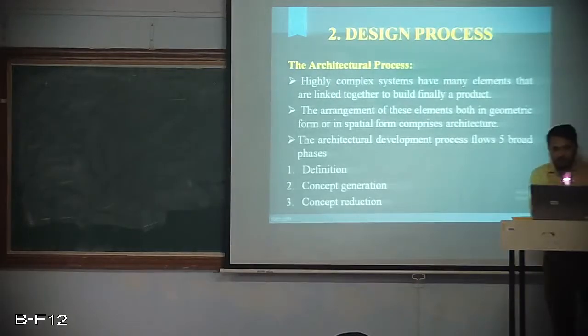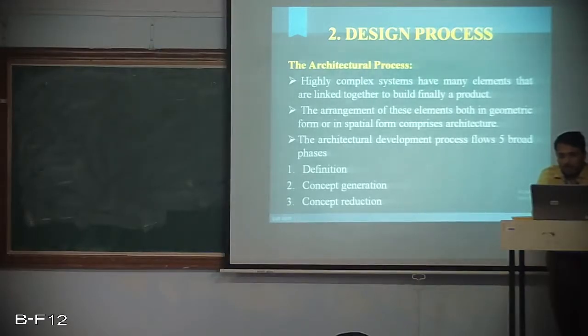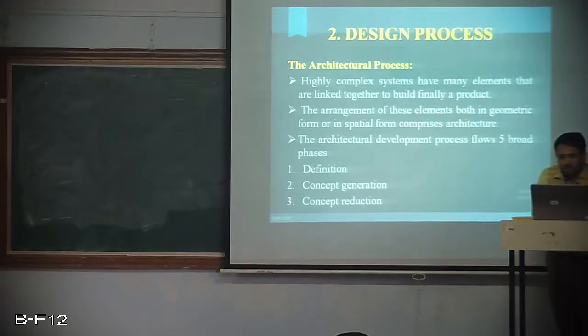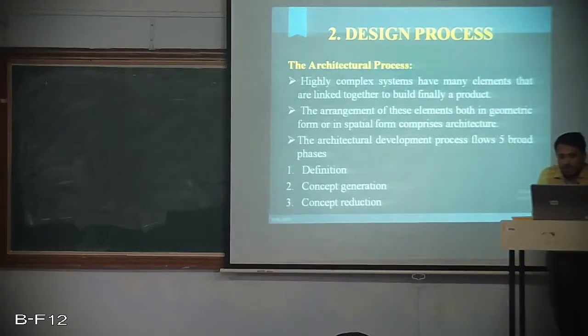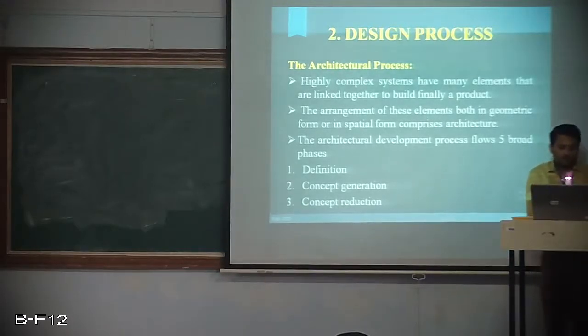The design process, you can say the architectural process. It is a highly complex system and has many elements that are linked together to finally build a product. The arrangement of these elements, both in geometric and spatial form, comprises the architecture, that is basically the design.